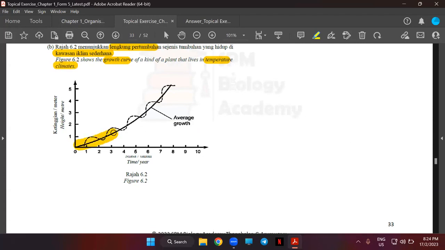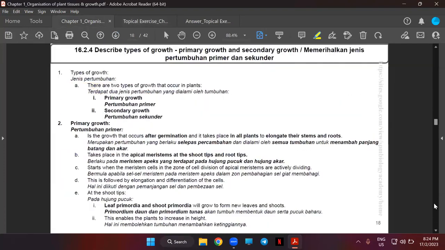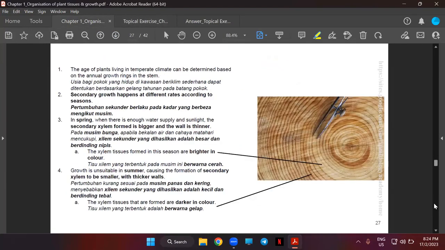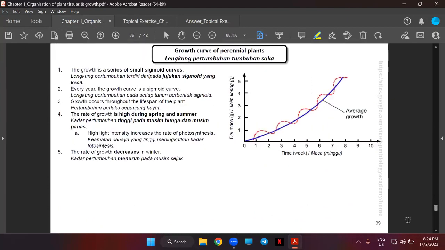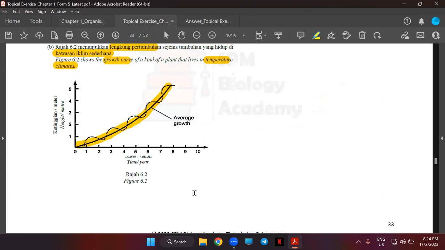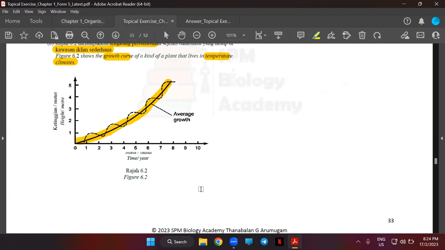Graph ini ialah graph untuk perennial plant, tumbuhan saka. Yes or no? Kalau kita lihat nota kita, this is the one. Itu ialah lengkung pertumbuhan untuk tumbuhan saka. Growth curve for perennial plant. Alright, yes, okay.